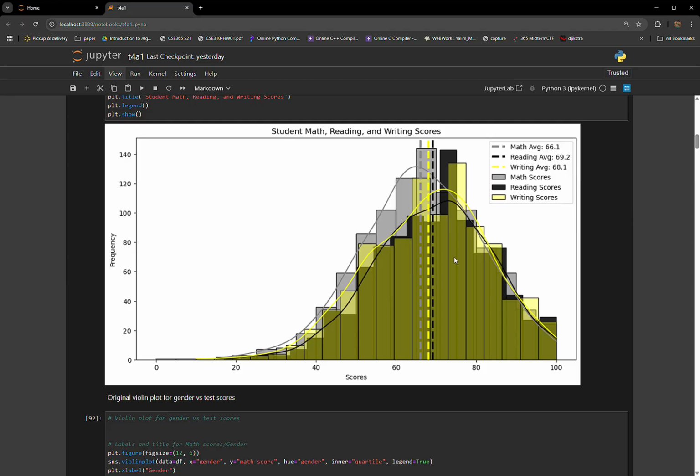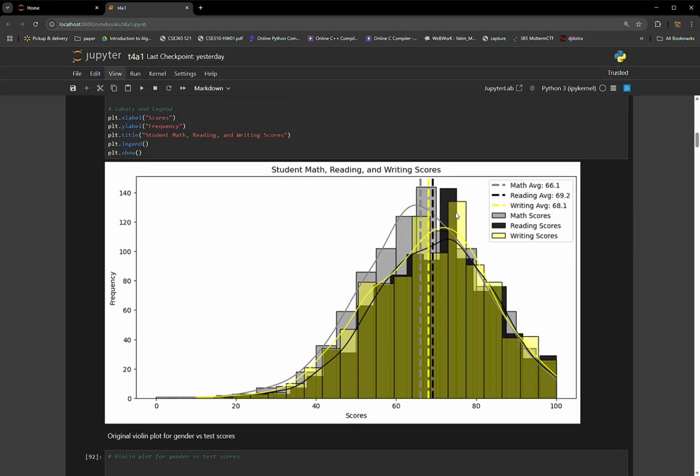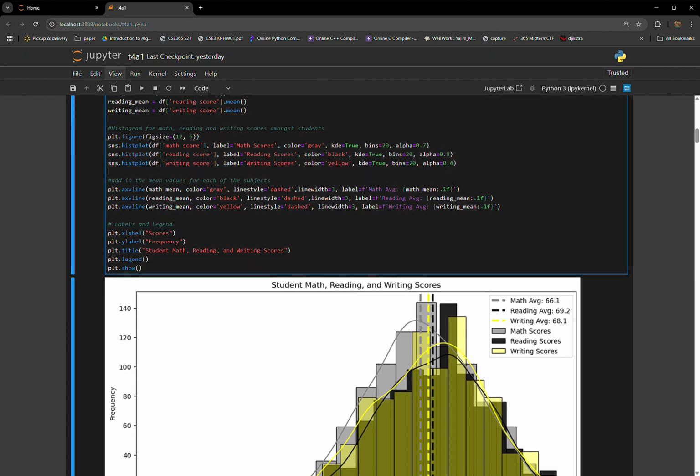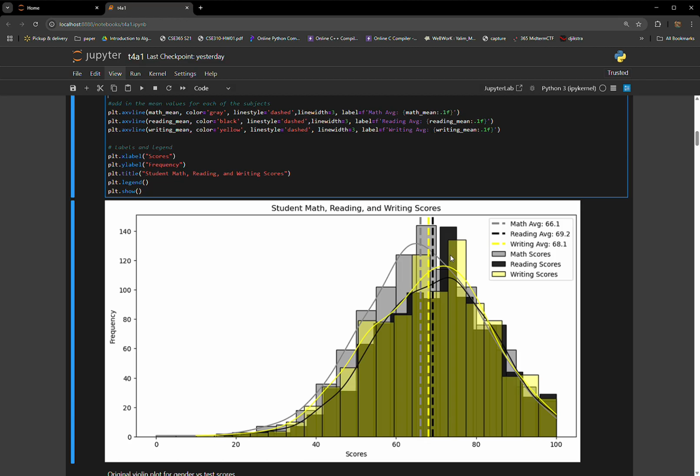So when I made this second chart, I made the reading scores darker, and the overlying writing scores have more transparency, which is done with the alpha variable, just so it's easier to read.